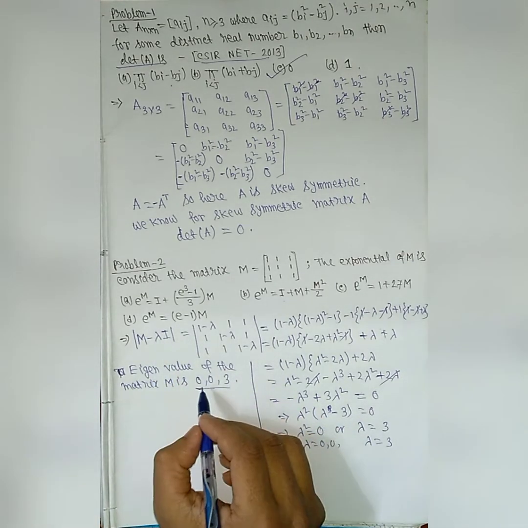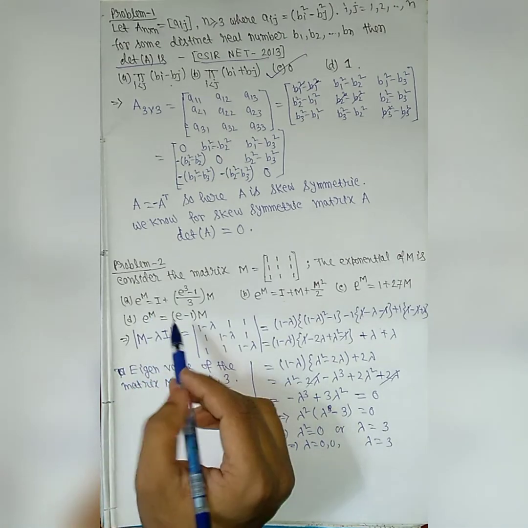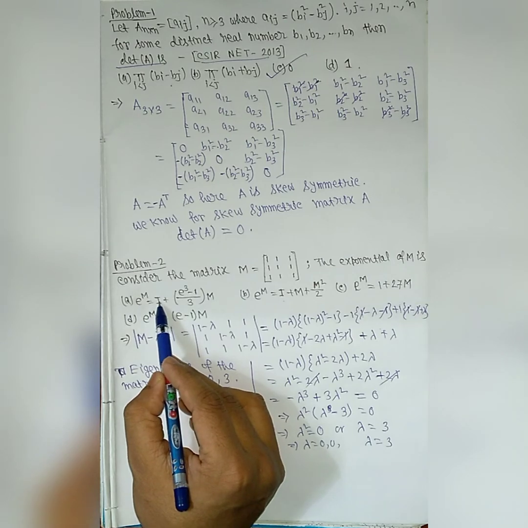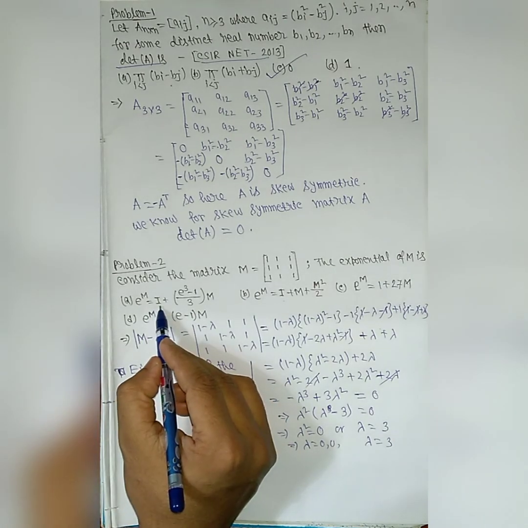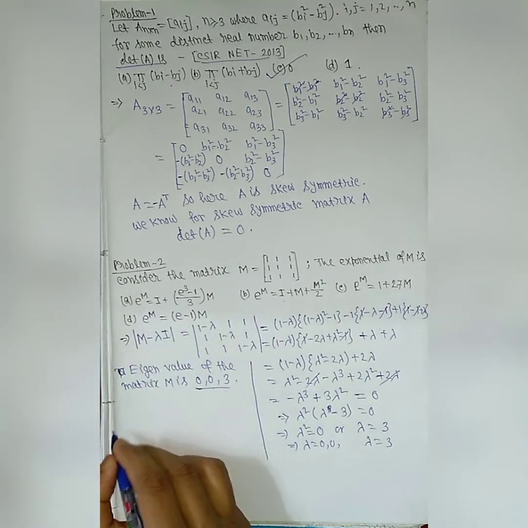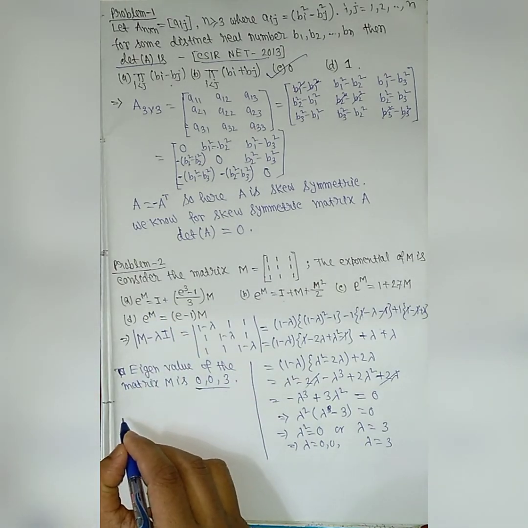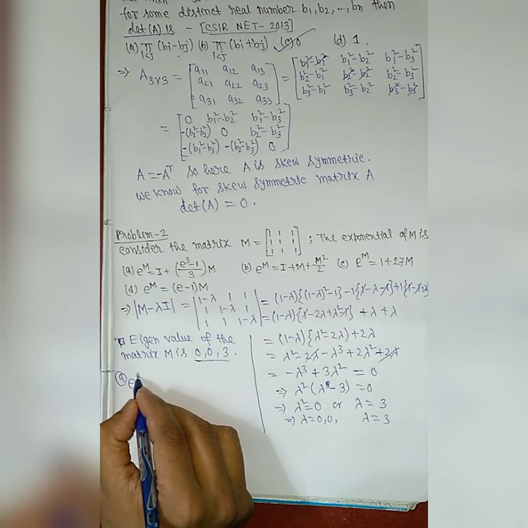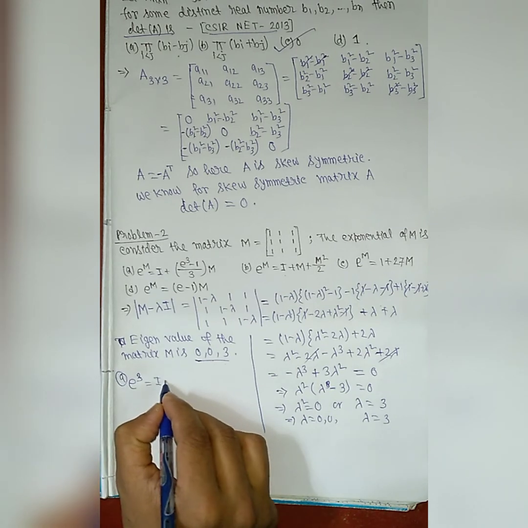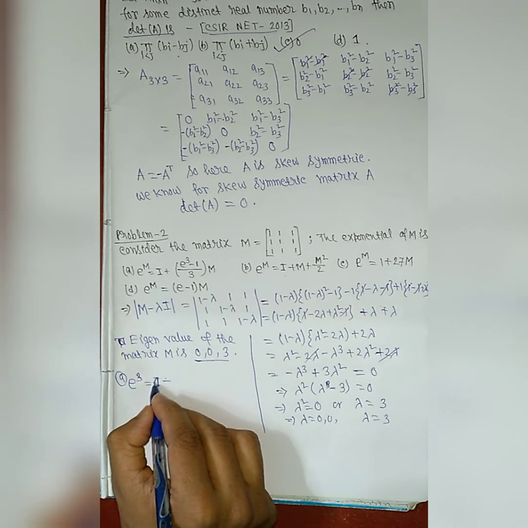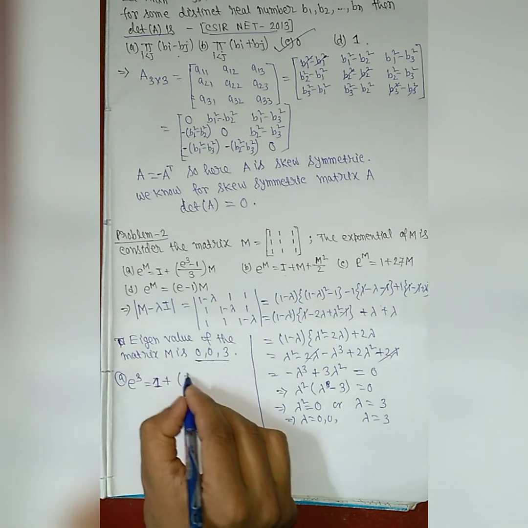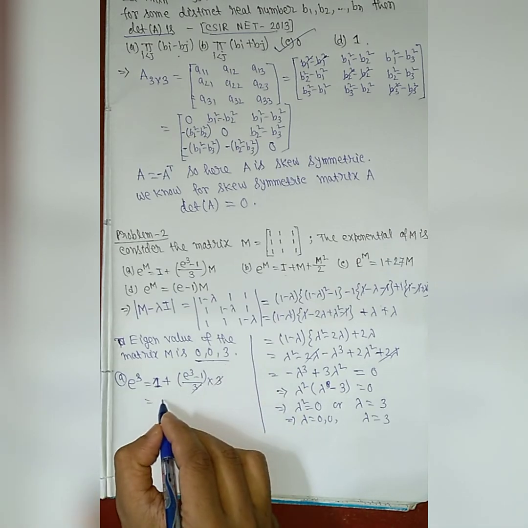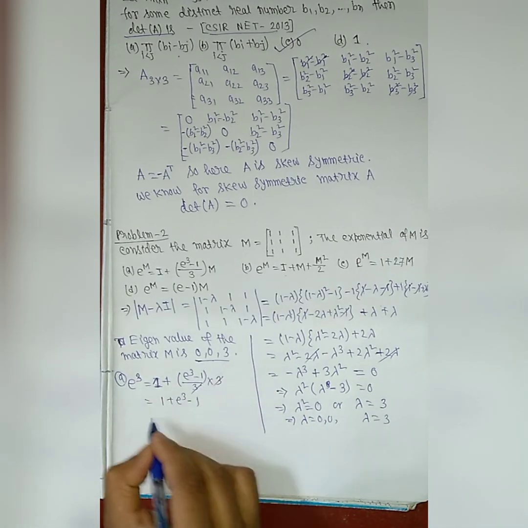So if we put e to the power 0 here, e to the power 0 is nothing but one identity, so this is equal to I, so this satisfies the eigenvalue 0. If we put 3 here, then for option A, e to the power 3 is equal to, I is 1 here, so it is e to the power 3 minus 1 by 3 into 3, so 3 gets cancelled, so 1 plus e to the power 3 minus 1, so it is equal to e to the power 3.